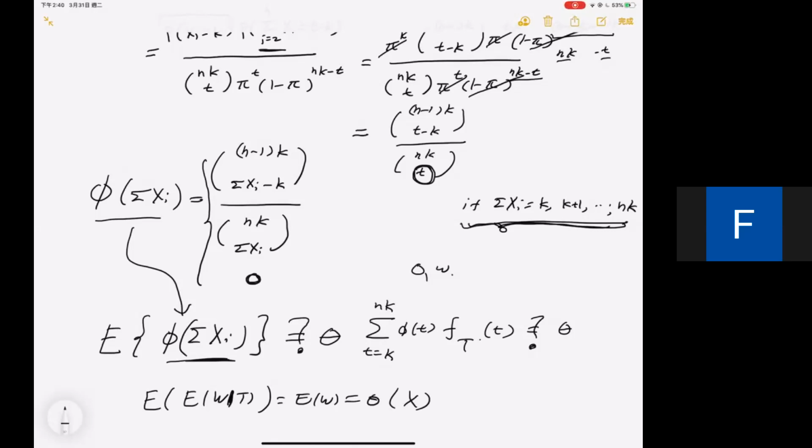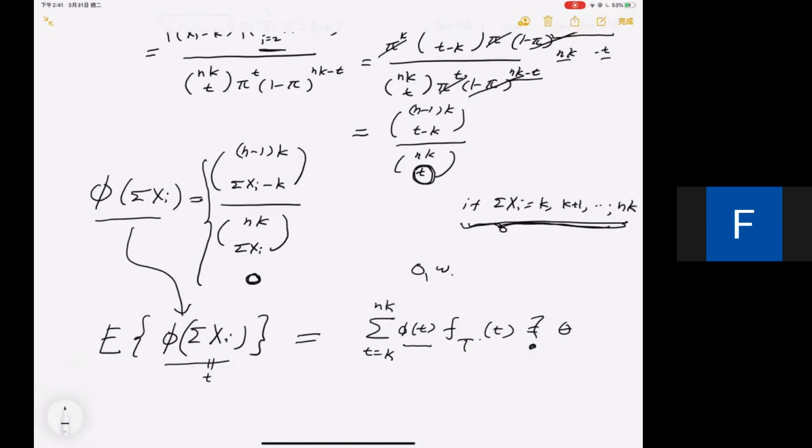Good. So like I said, you use the definition of expectation of Vx, which eventually says theta. Okay. So just taking the function out is equal to this. I'm going to say t from k to nk, and I do have phi t right here. I just replace t as the argument to return summation xi.